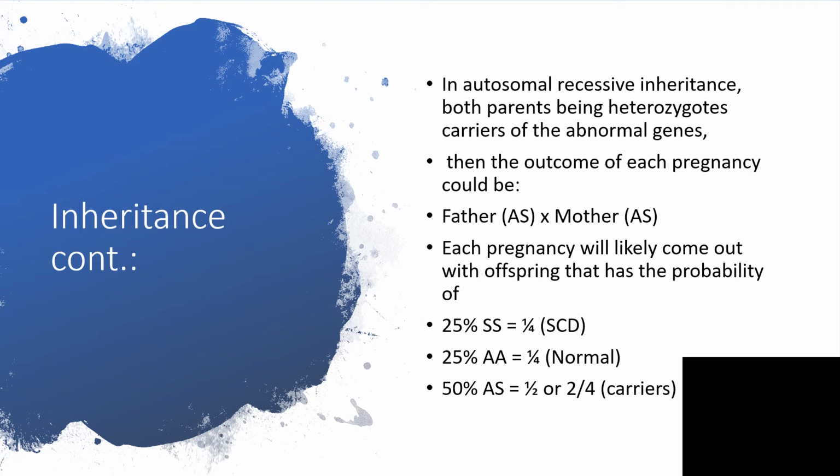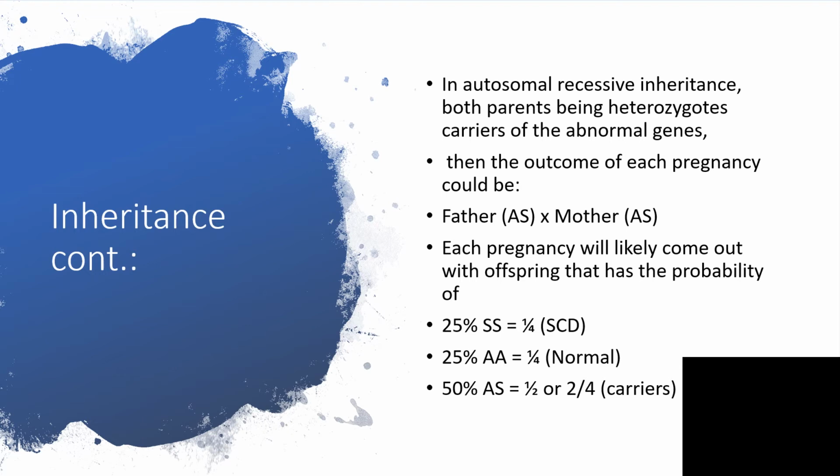25%. That is 1/4 of the babies that will be born will have sickle cell disease. 25% will come out normal, AA. That is probability. Okay, that's 1/4.